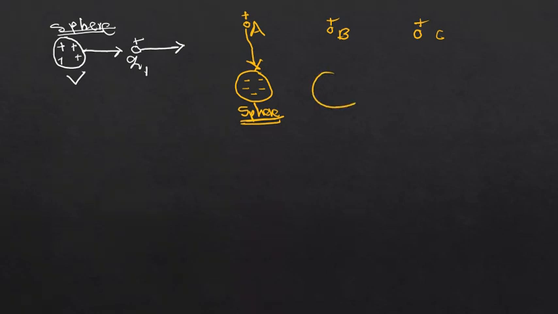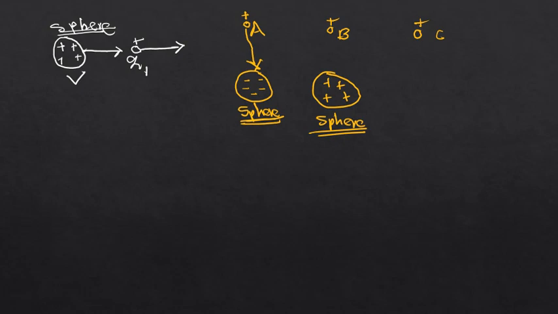If we were to have another sphere and we say that this sphere is positively charged, notice that B is positively charged, and our sphere is positively charged.